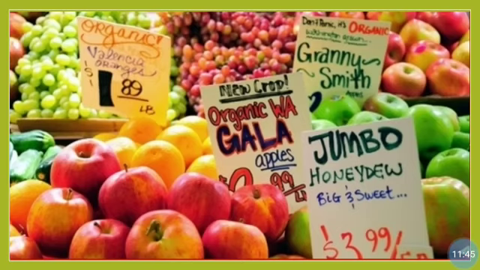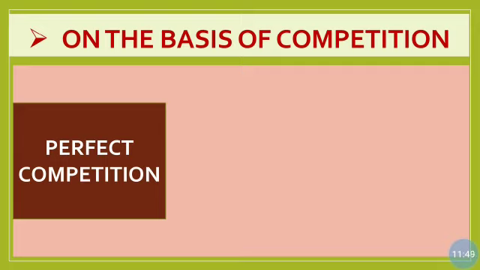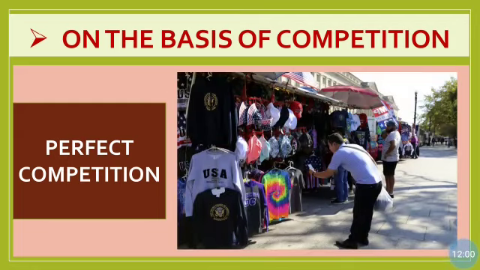On the basis of competition, there are two markets, perfect competition and imperfect competition. Perfect competition is a situation where there are many buyers and many sellers in the market and all are selling homogeneous goods, which means goods which are identical in shape, size, color, taste, etc. Goods which are same in all these things.